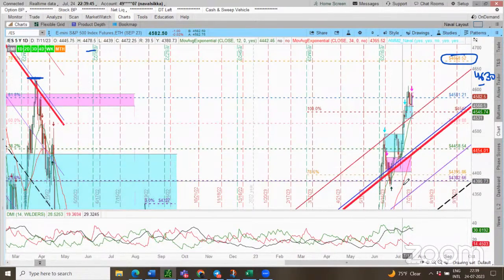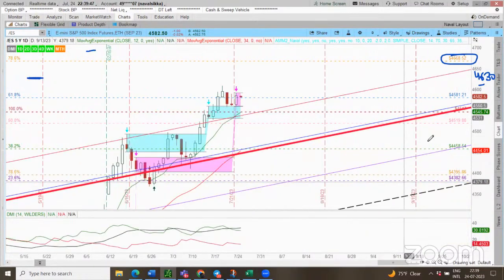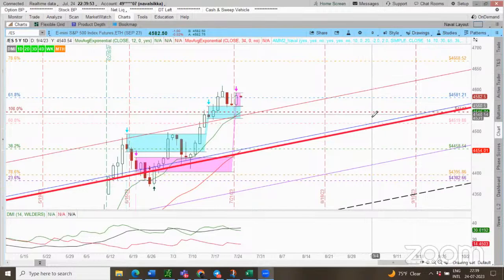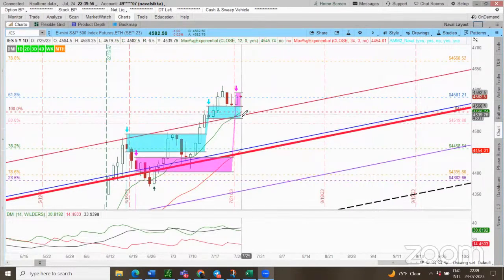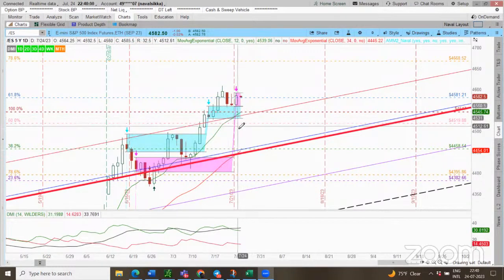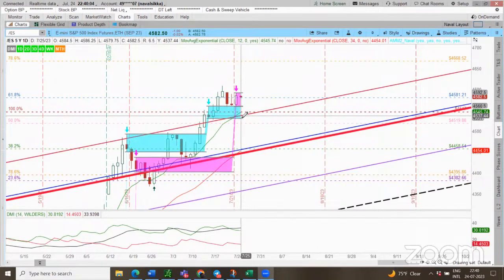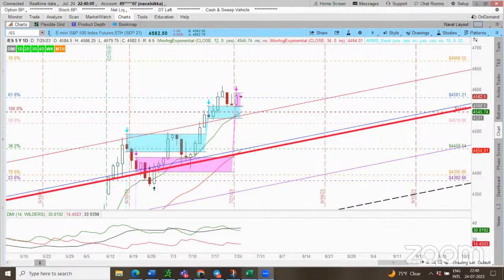So it shows that yes, there's no interest in this market as of now. That's why we have less volume. Market is waiting for a clear-cut direction, but until the moment it holds the 12 EMA, which is 45 now, I think we are still on a neutral to bullish ground. It's not bearish at all.